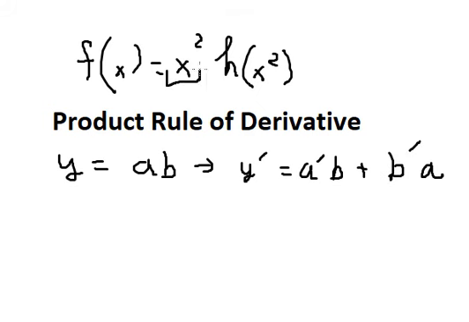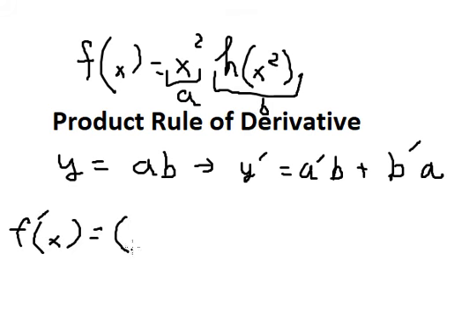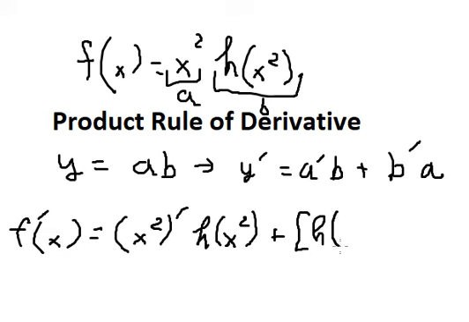So this one is about a, this one is about b. So if we do first the derivative, we will do first the derivative of s squared multiplied by h of s squared. Later that we do first the derivative of h of s squared multiplied by s squared.